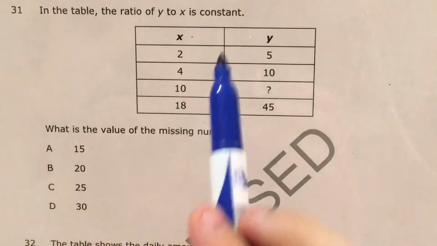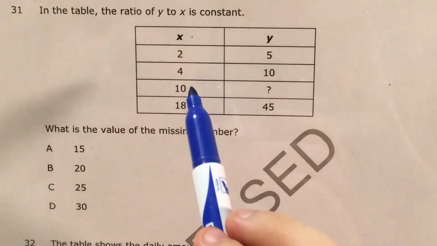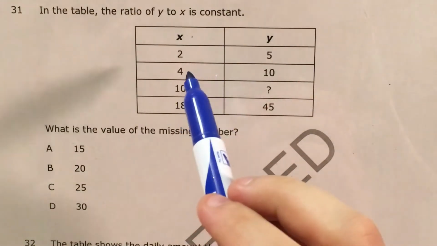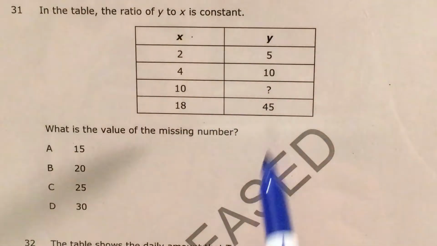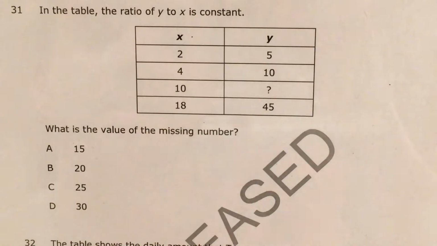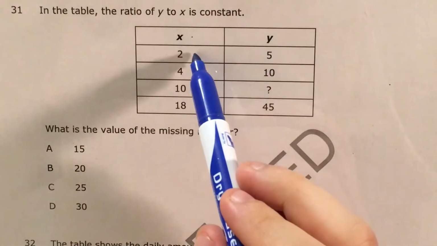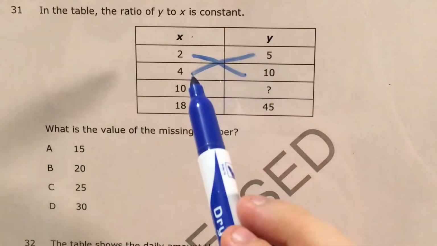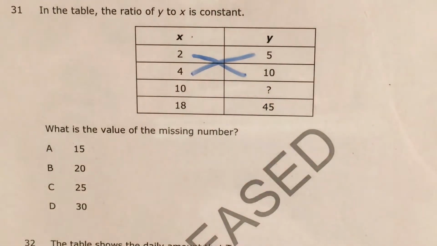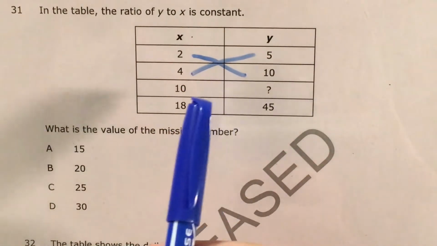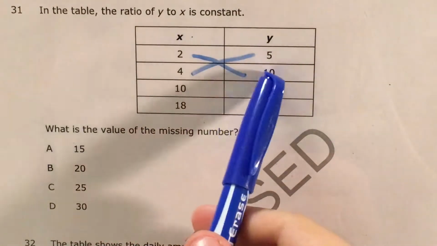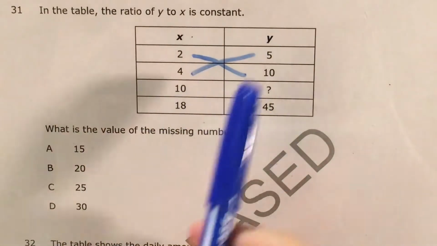Okay, so the first way that I would do this is I would just go through each pair of rows until I got to my answer. And the way I would do that is that I would look at cross-multiplying in every group of 2 rows, just to make sure that this pattern keeps going, because if 2 times 10 is equal to 4 times 5, then this pattern is good.